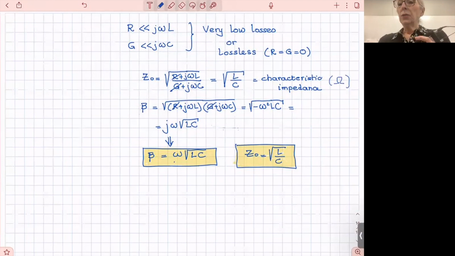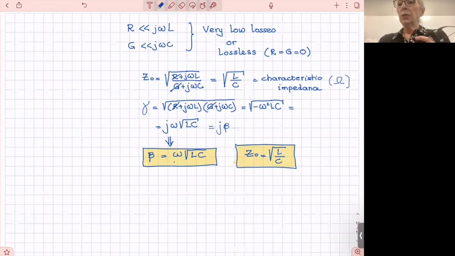Okay, and then here I will put gamma, which is J beta. Gamma is the square root of this, which becomes, as G and R go to 0, minus omega squared LC, and then J omega square root of LC, which is J beta.